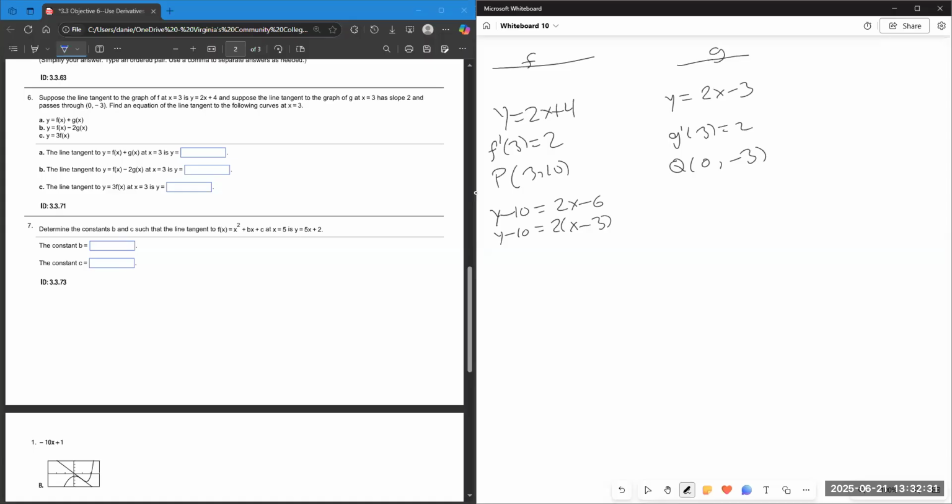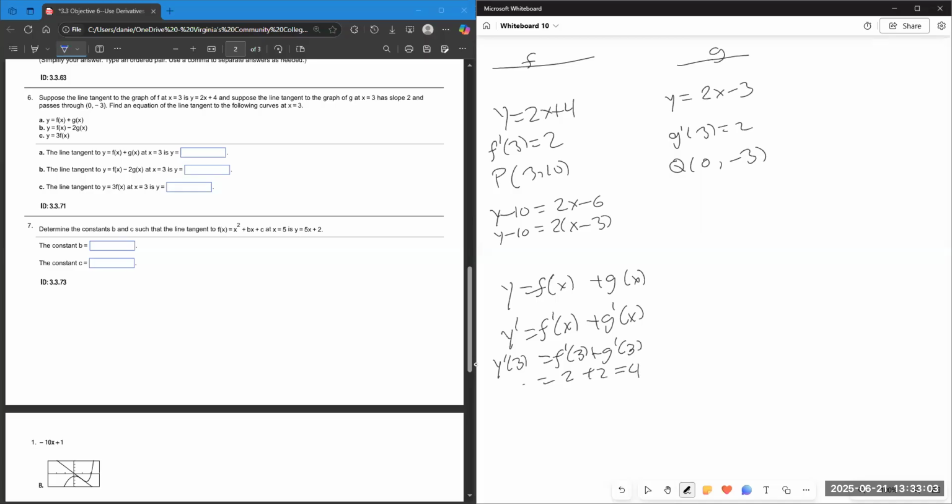And then I want a new function that's going to be f of x plus g of x. So its y prime is going to be f prime of x plus g prime of x. This will give me the slope of that tangent line. So y prime of 3 will be f prime of 3 plus g prime of 3, which is 2 plus 2, is 4 for the slope.